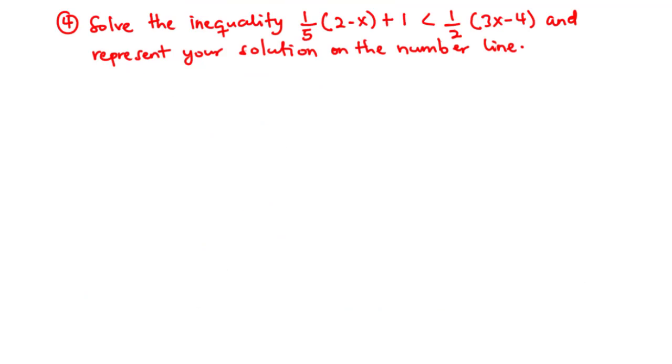So for example 4, we are going to solve the inequality 1/5 times 2 minus x plus 1 is less than 1/2 times 3x minus 4, and we are going to represent our solution on the number line.